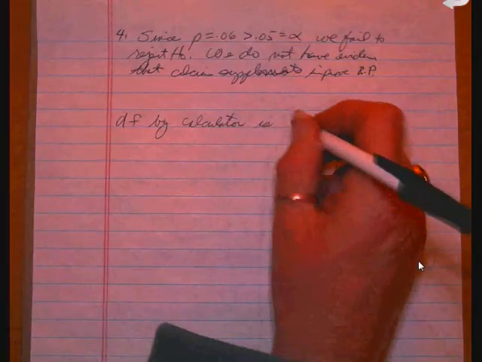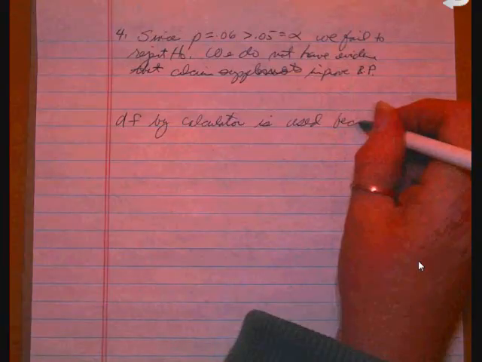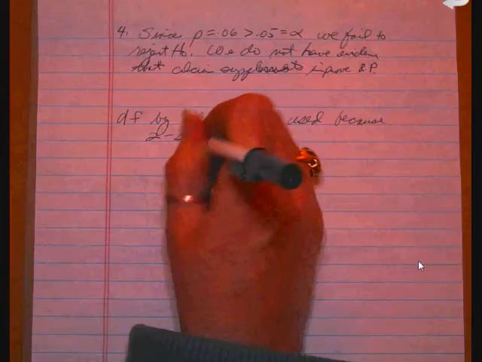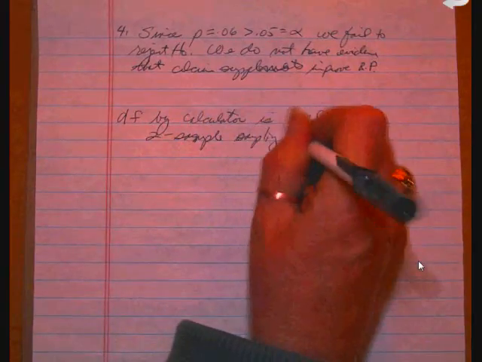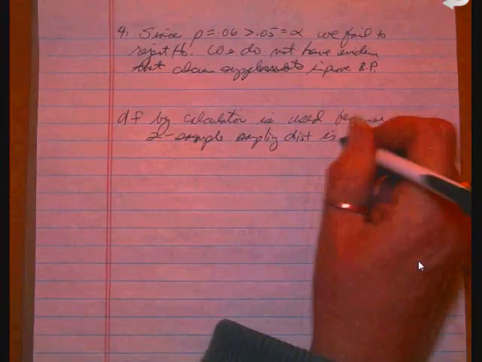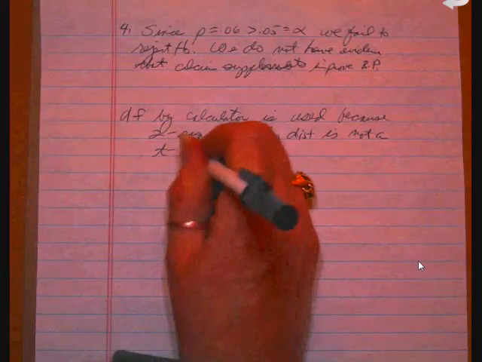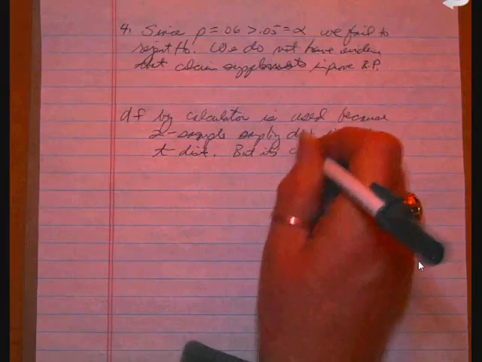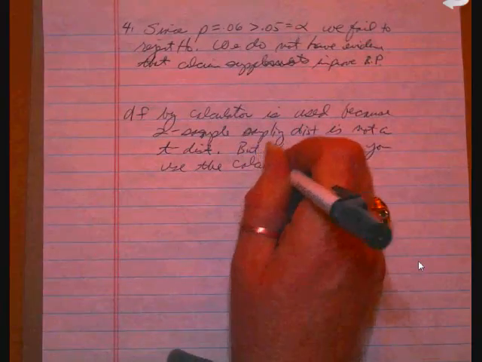It's used because in reality, the two sample sampling distribution is not really a t distribution. But it's close if you use the calculated degrees of freedom.